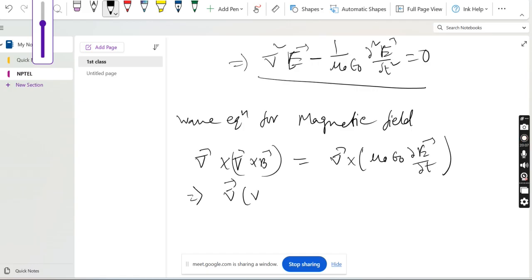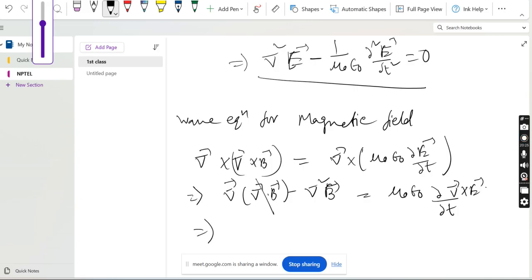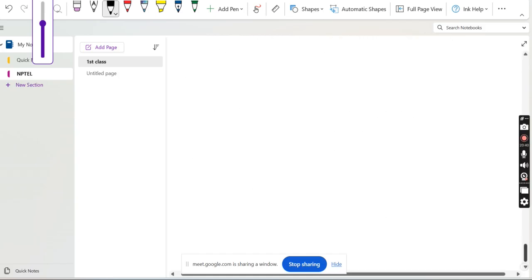Similarly, it would be gradient of divergence of B minus del square B. This divergence is 0 in any medium, and you know curl of E is minus del B by del t. So this will give the equation for the magnetic field.